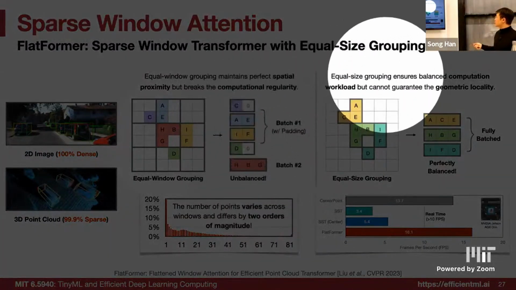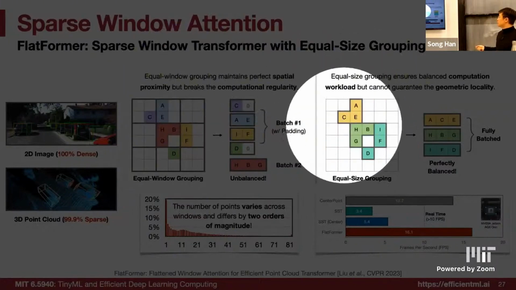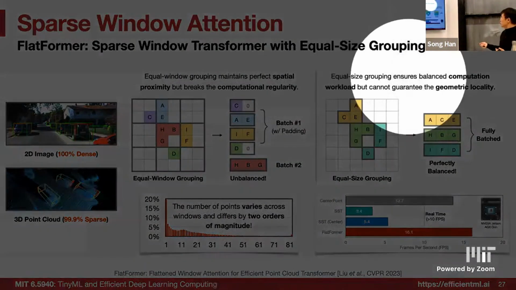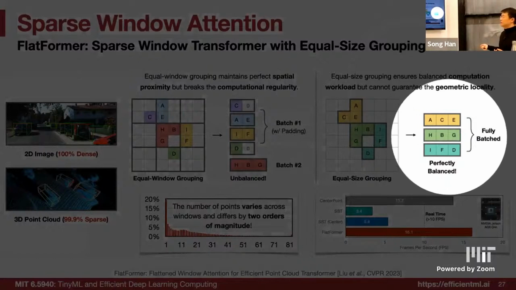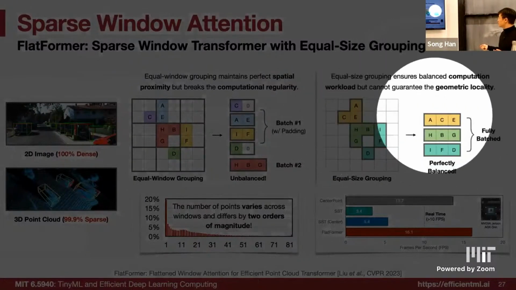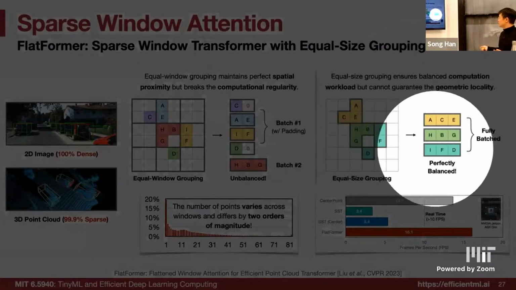Another way is to apply equal size grouping rather than equal window grouping. So we group based on the number of elements, such that each group has exactly the same, very balanced number of non-zero elements. We group the first 3 elements in the first window, the next 3 in the second window, the next 3 in the third window.